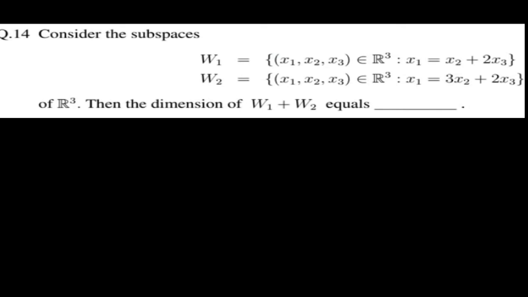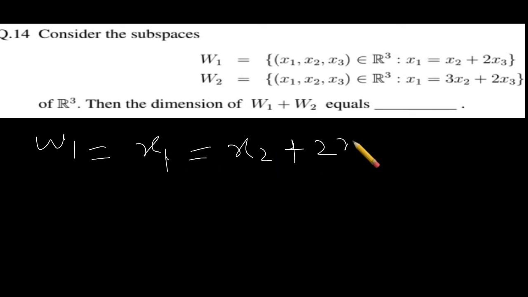Then we know the free variable condition. For W1 the condition given is that x1 equal to x2 plus 2x3. You choose only two values, x2 and x3, and then you find x1.